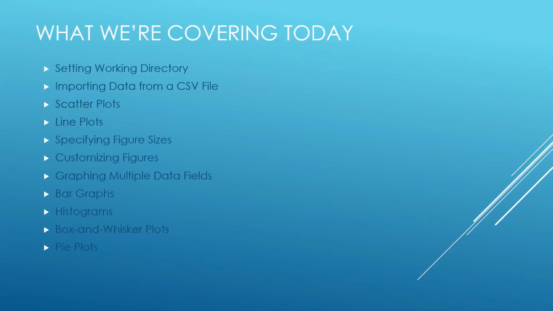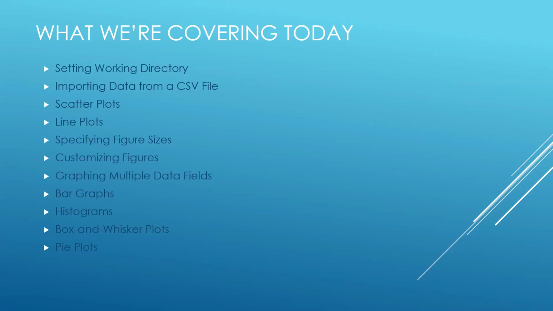So what are we going to go over today? Well, we'll start off with some basic stuff, just setting up your working directory. I'm assuming you're going to have some directory, maybe on your hard drive, maybe on a network somewhere, in which you are keeping, say, your project-related files, which might include, for example, data files.